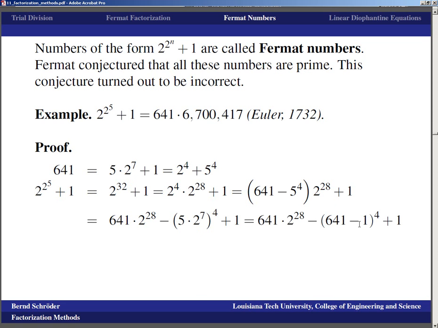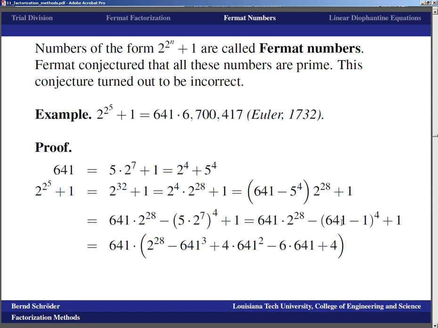And here we realize now, as we raise that to the 4th, we end up with a minus 1 at the end, which cancels with a plus 1, and everything else has a factor 641. So this ends up being 641 times 2 to the 28th from the first one. Then we've got 641 to the 4th, which is 641 times 641 cubed and the minus sign. Then we've got 4 times 641 cubed with a minus minus, which would give us a plus. So that would be 4 times 641 squared times 641.